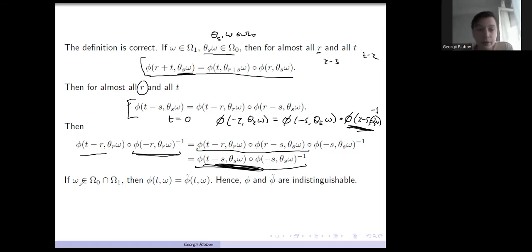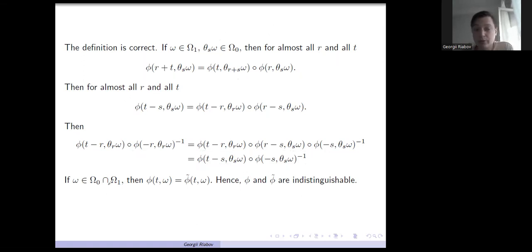Moreover, if omega belongs to omega 0 and omega 1, then omega is in omega 1, theta 0 omega is in omega 0.